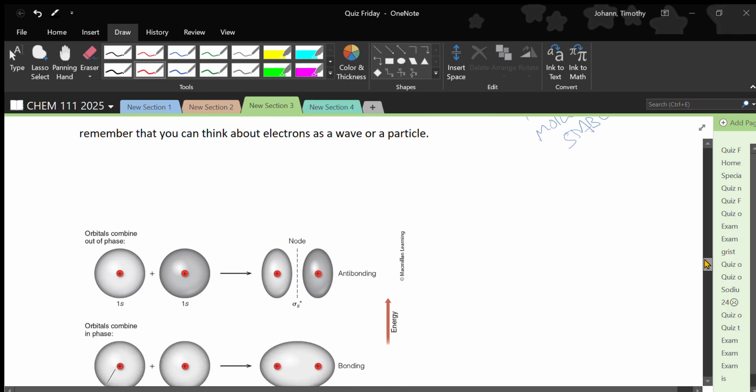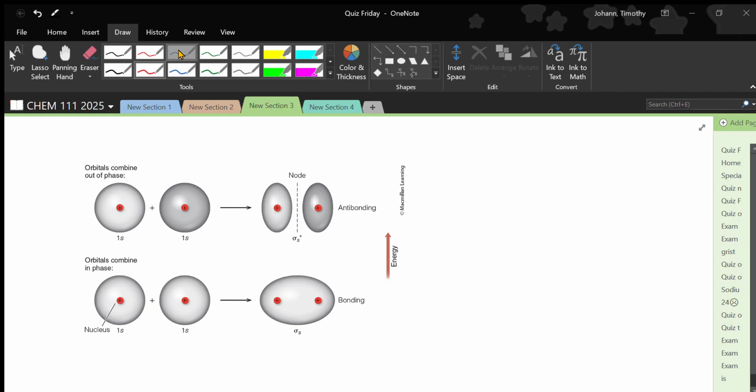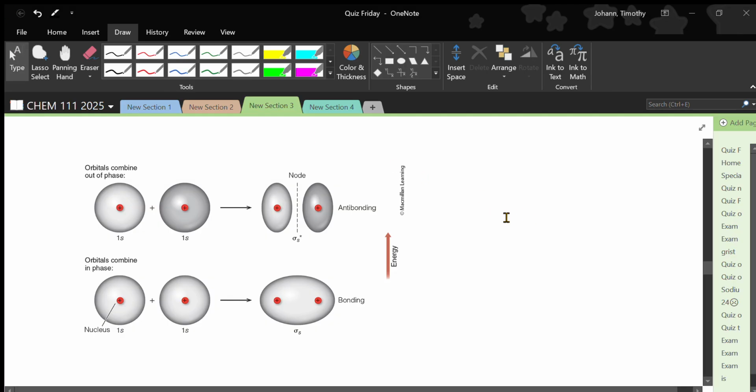Okay. So here we can think about doing this with the 1s orbitals. Okay, so this is a molecular orbital formed by the combination of the 1s orbitals from 2 different atoms.